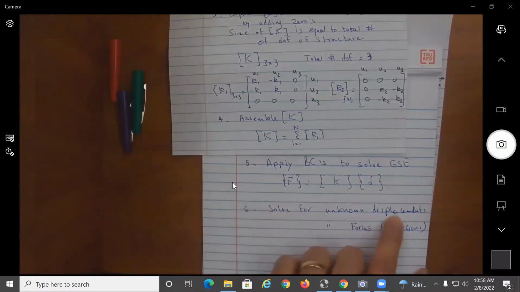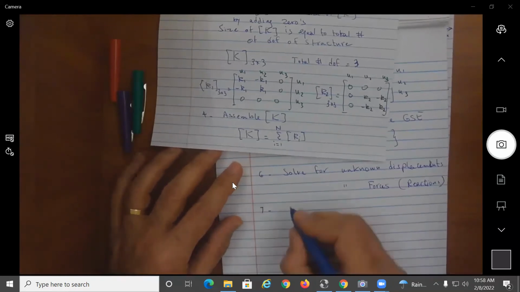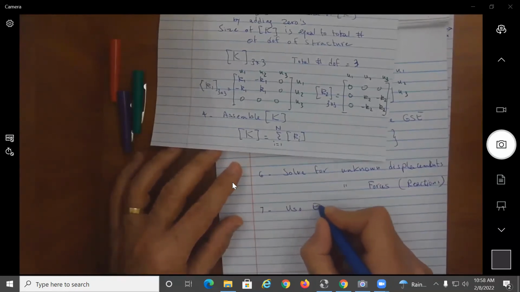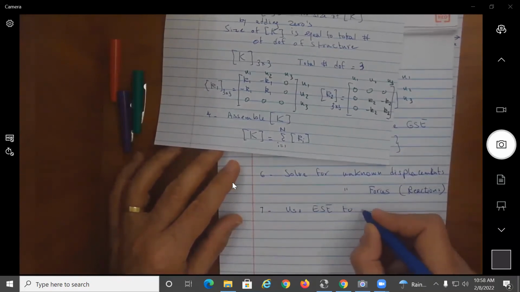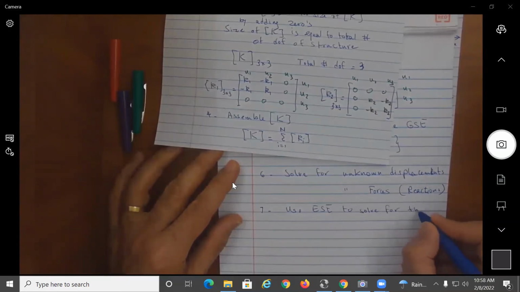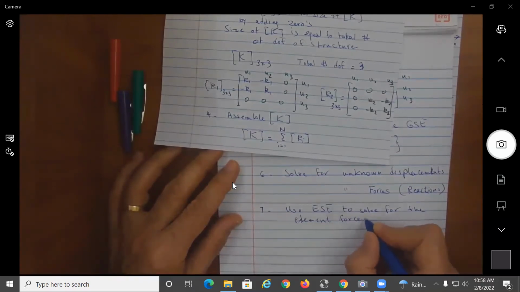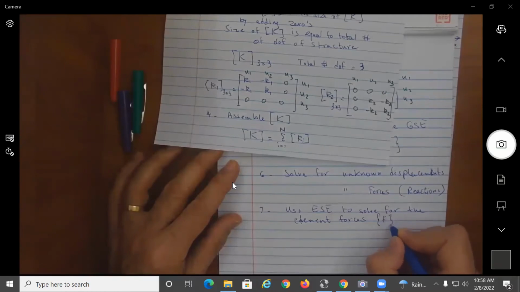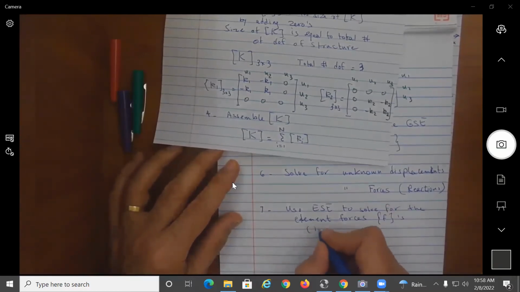So once we have all the displacements known, we're going to move to step number 7 and use the element stiffness equations to solve for the element forces, these F's, which we can think of as the internal forces.